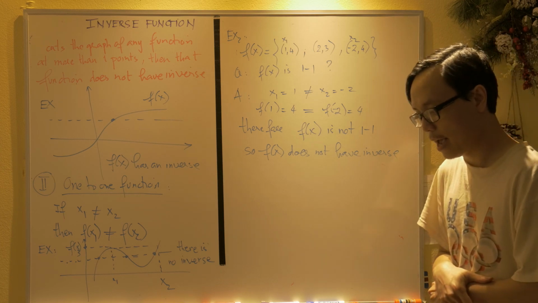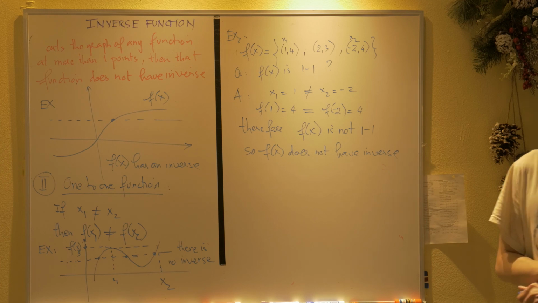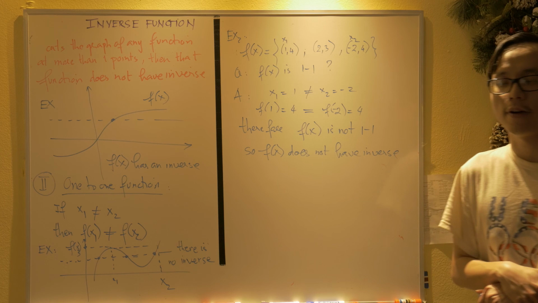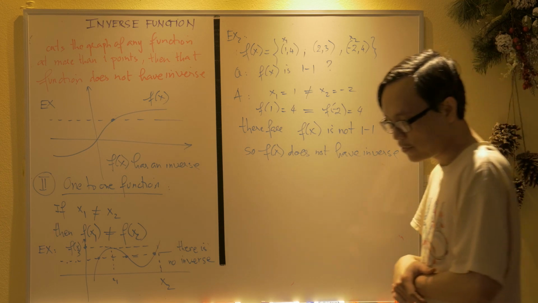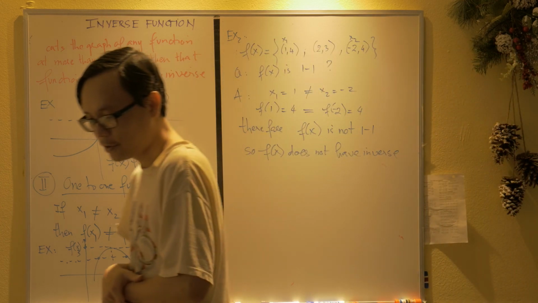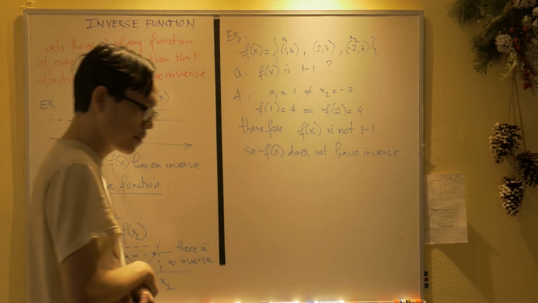Then after you graph it and check the vertical line test, if the image of that graph satisfies the vertical line test, then it means the original function has an inverse. But sometimes it's very hard for you to graph to check whether functions are inverses of each other.